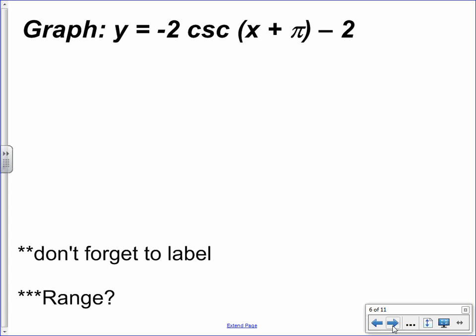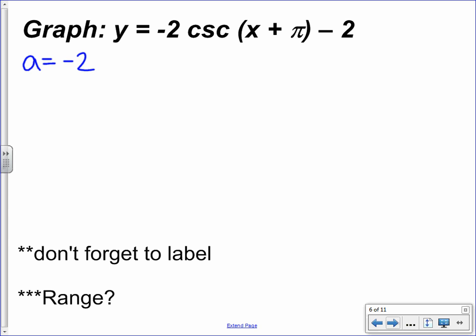Basically, we're gonna lightly sketch in what we would for a sine graph, and then graph in the reciprocal. Okay. Now, secant and cosecant do not have amplitude, but we'll instead just talk about A. What is A? 2.